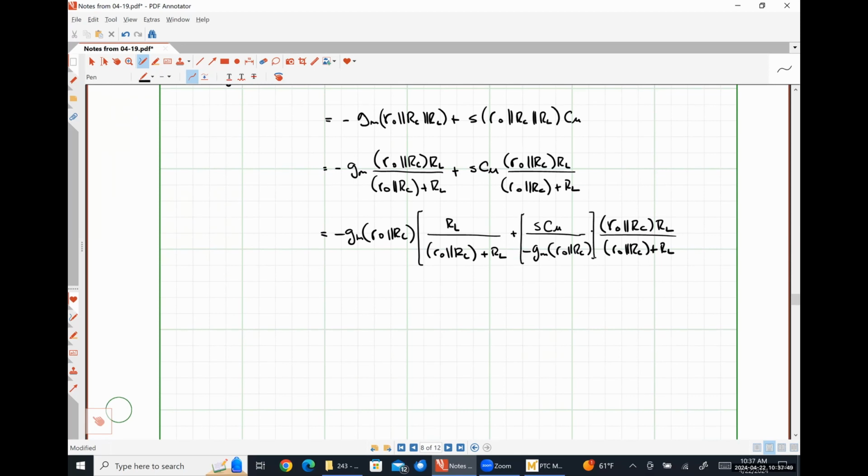I'm going to put those brackets there so it makes it easier to sort what's going on. And then close these here. All right, so looking at this guy, I can see that on my right-hand term, I have an R naught in parallel with RC in the numerator and an R naught in parallel with RC in the denominator. So those guys are going to cancel each other out.